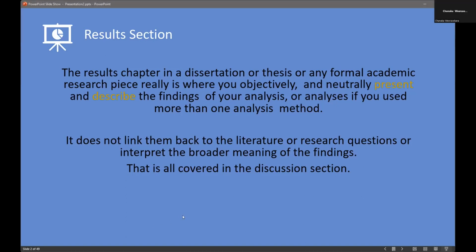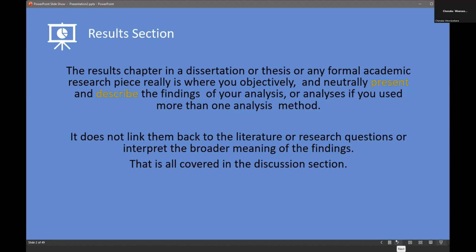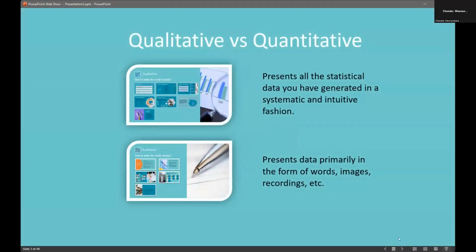And moving on in the presentation, as I mentioned, I have structured my presentation this way, because how you write the results chapter purely depends on your analysis method.